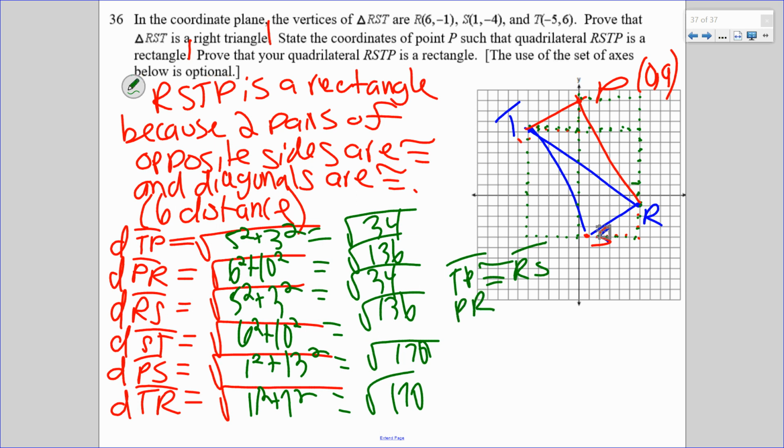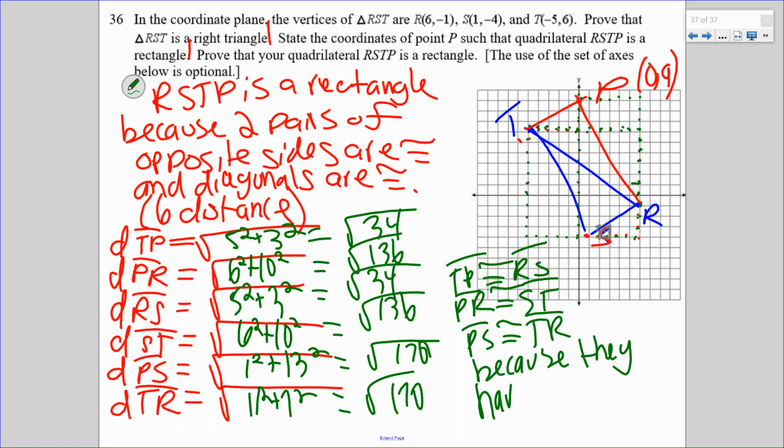PR is congruent to ST, and PS is congruent to TR because they have the same length.